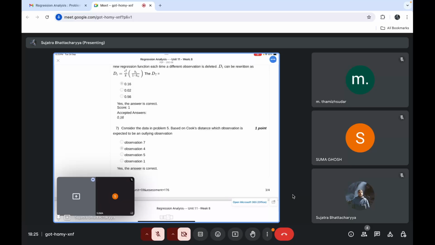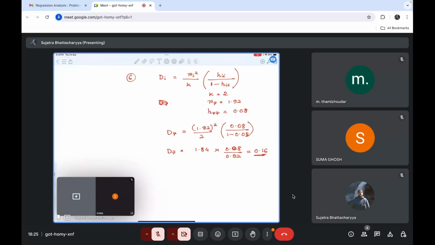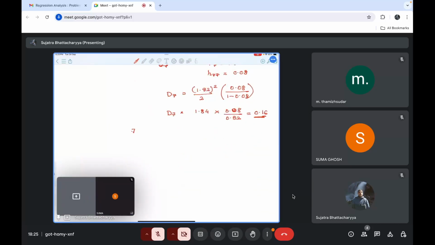So let's do it. In the seventh question, we have to check which one has the higher Cook's distance, or which is the leverage point. Observation 7 we have already calculated. D7 is 0.16, so I'm not calculating it again. Next, observation 4.